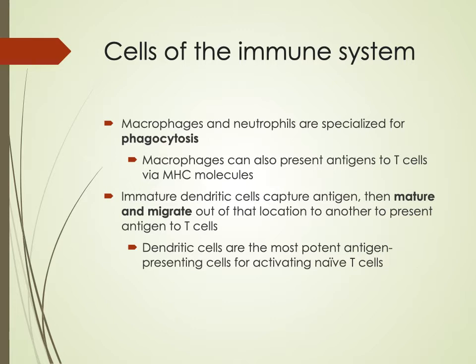So it's been eliminated in that sense, but it also allows those cells to then present that information, pieces of that pathogen, to our adaptive cells, such as T cells. Okay, so macrophages are really good at presenting to T cells, and they do this through MHC molecules. So macrophages are going to have these surface receptors, MHC, that will interact with the T cell receptor.